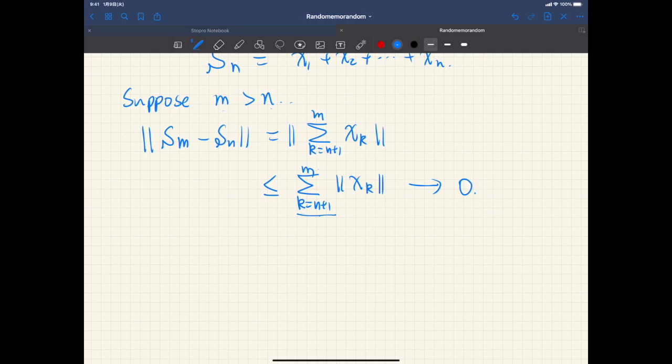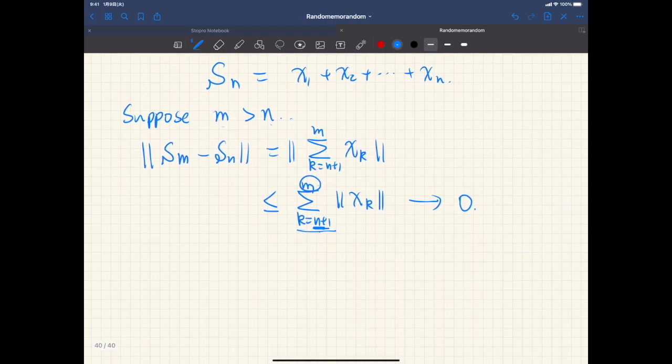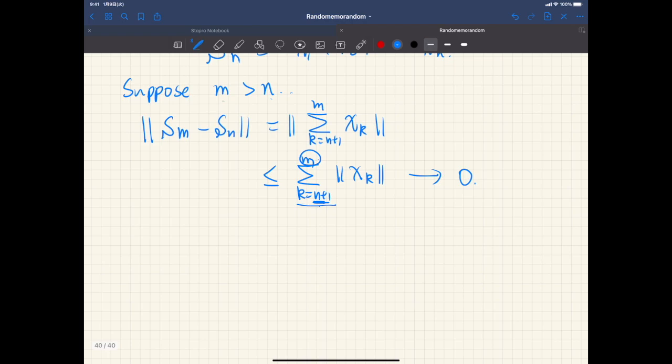Otherwise, it will not be finite. So as m and n go to infinity, therefore Sn is a Cauchy sequence.